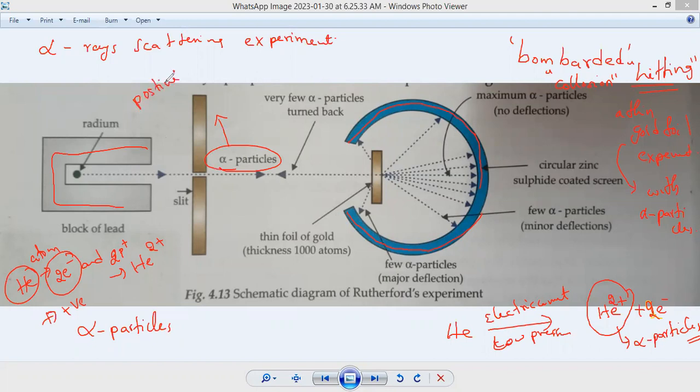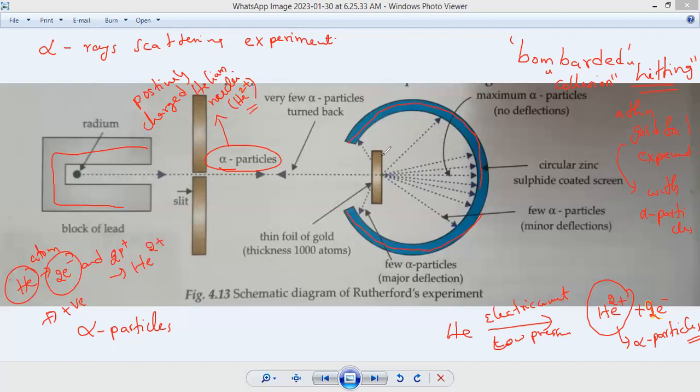Remember that. Positively charged helium nuclei, that is He2+. That is called an alpha particle.